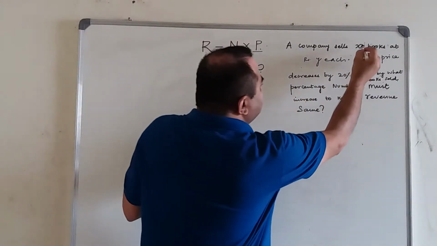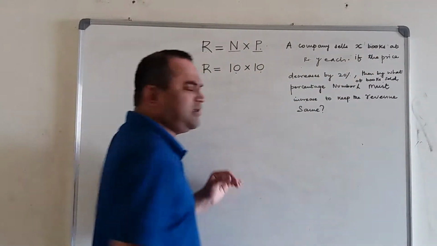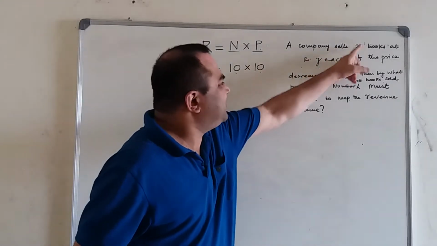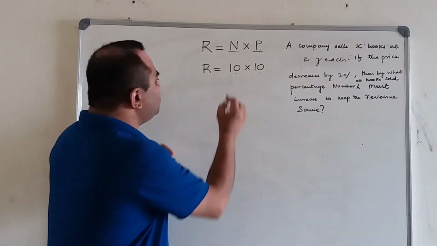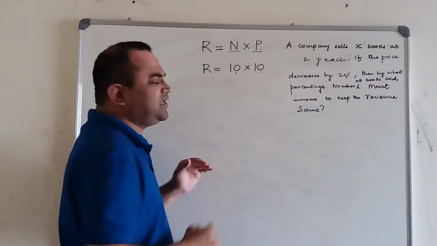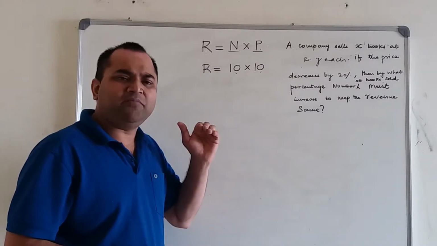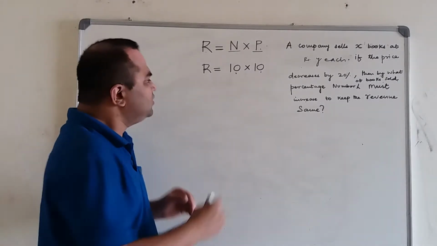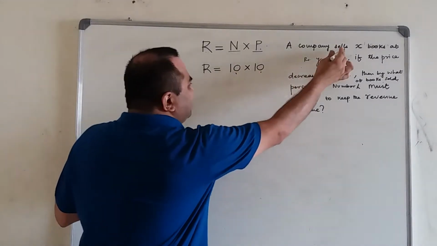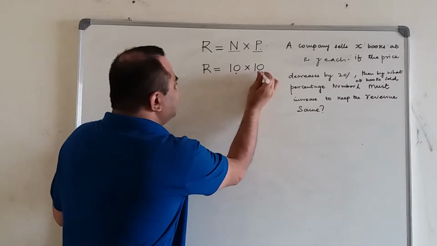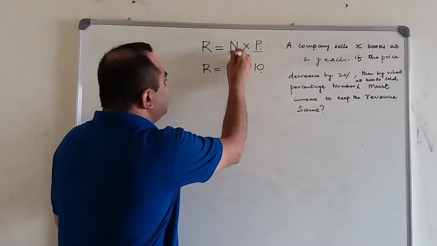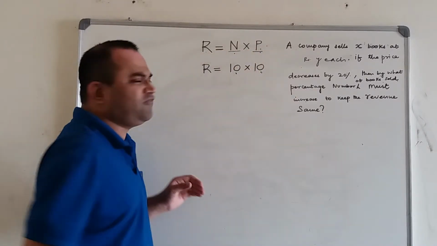So these variables x and y that are given, we can ignore them, and in their places if you substitute some concrete numbers like 10, it would be more convenient and make the solution easier. So let me take, instead of x and y, concrete values such as 10 for the number of books sold and 10 for the price of each.